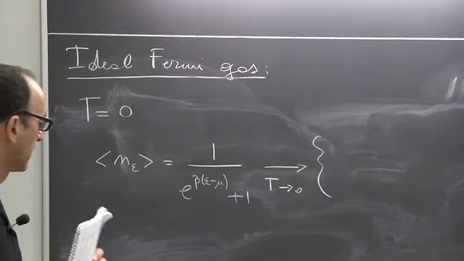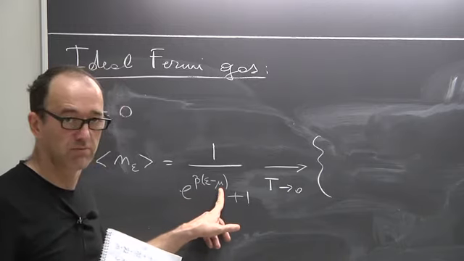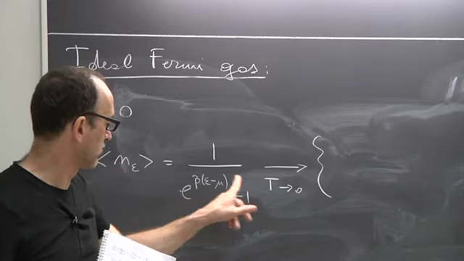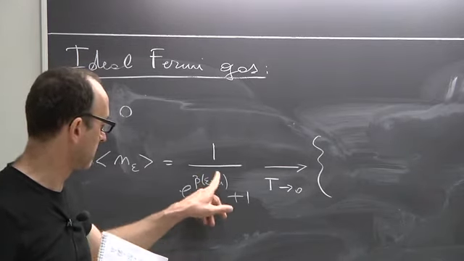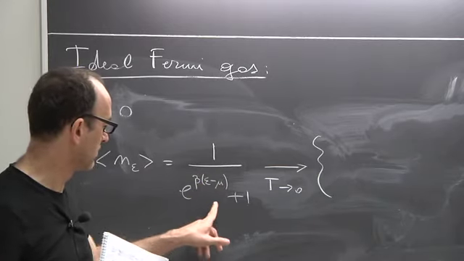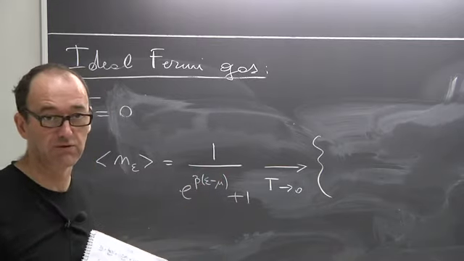So when the temperature goes to 0, if epsilon is larger than mu, then beta diverges. So this e to the beta times a positive thing becomes very, very large, diverges. So you have 1 over infinity, and it's equal to 0.